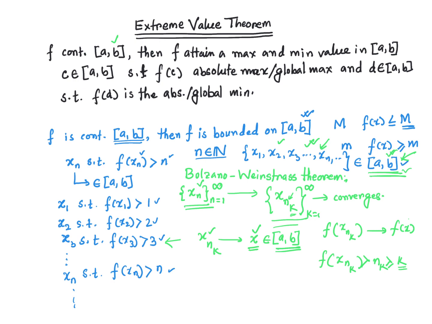So we conclude that our assumption is wrong, which is that the function is unbounded, that it grows indefinitely in the positive direction. Therefore, the function is bounded above. And with a similar argument, you can show that the function is bounded below. So we just showed that if a function is continuous on a closed interval, then it is bounded.